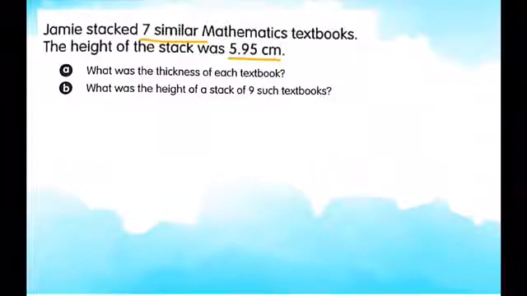What kind of bar model should I use to represent this problem? So I know in the story that there are 7 similar mathematics textbooks. Notice that I highlighted the word similar. So let's draw at least 7 units that are of the same size.